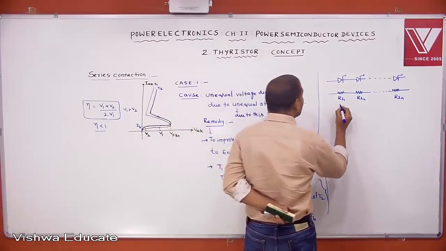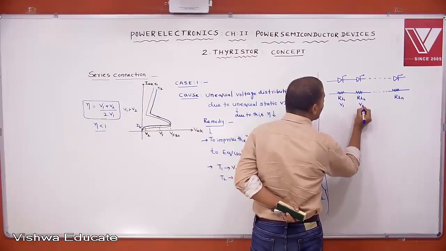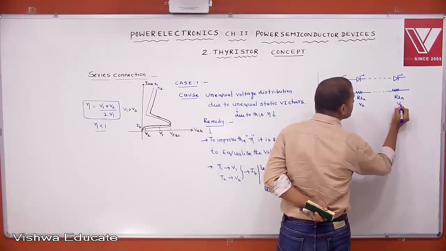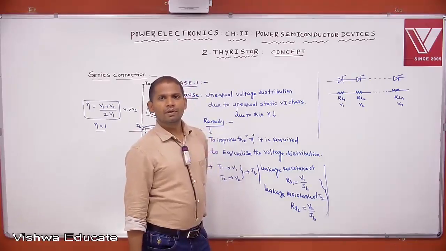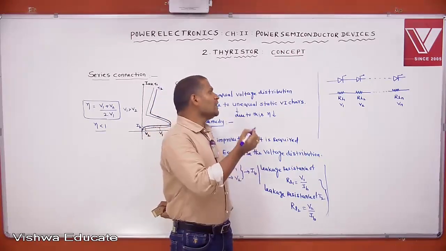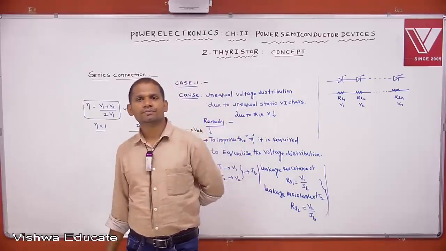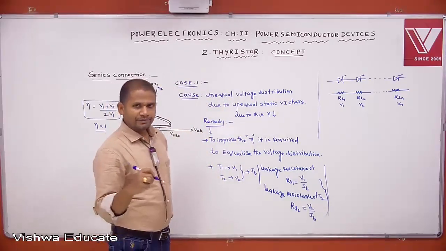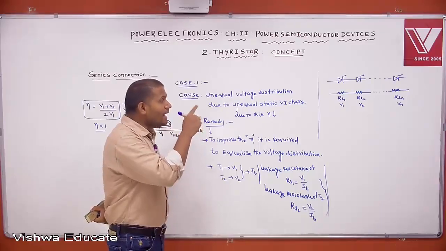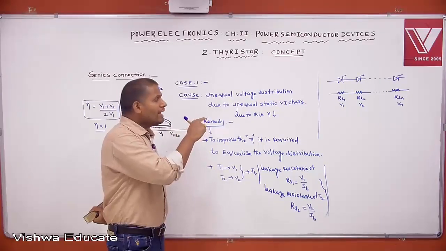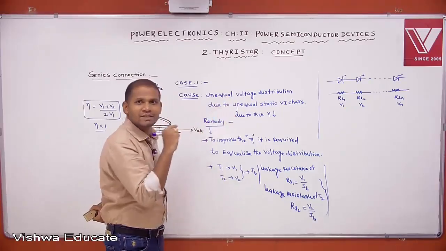Because of unequal voltage distribution, each SCR blocks different voltages. Due to this unequal voltage distribution only, string efficiency is reducing. Now just think: indirectly, the unequal voltage distribution is due to unequal leakage resistances.